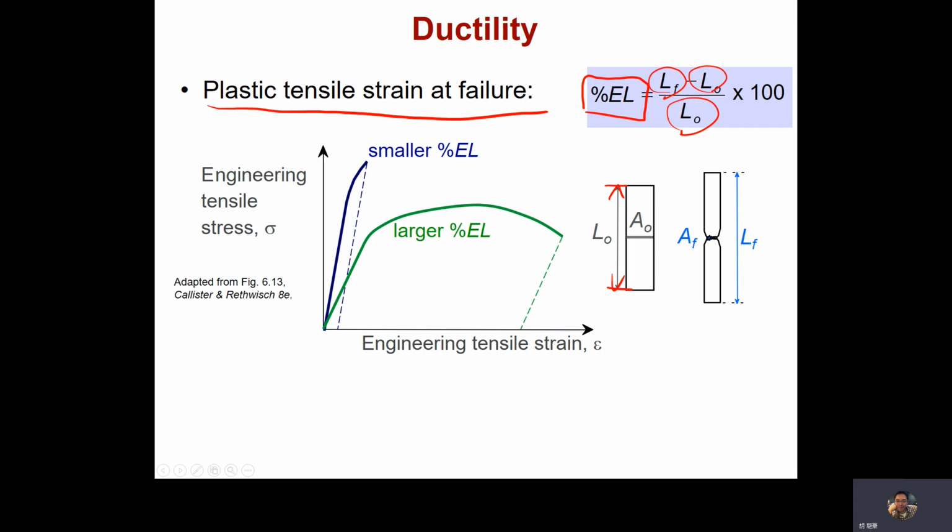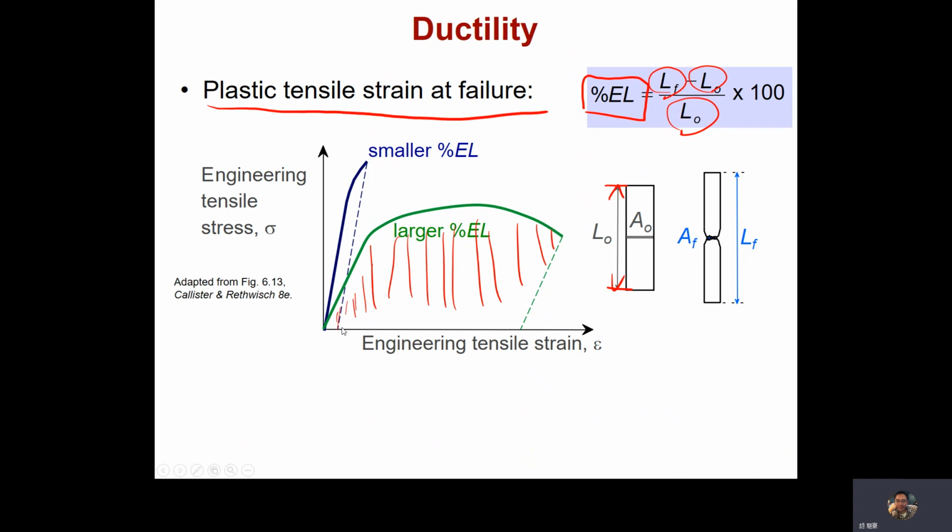From this stress and strain curve, you can realize that this material has higher toughness. That means it can withstand deformation and has a higher capability to absorb energy for deformation.